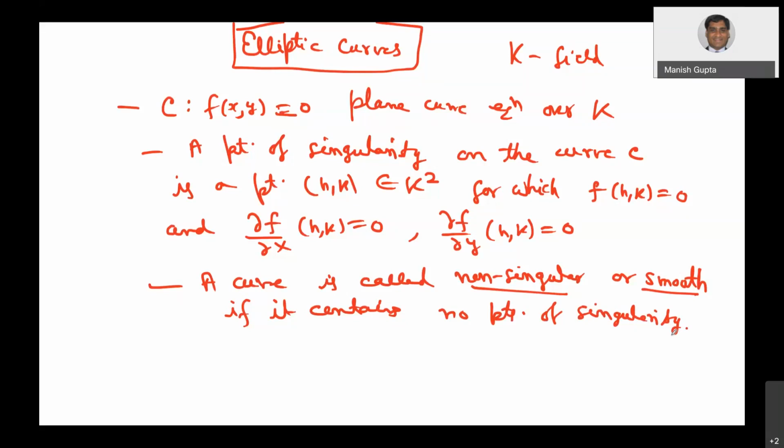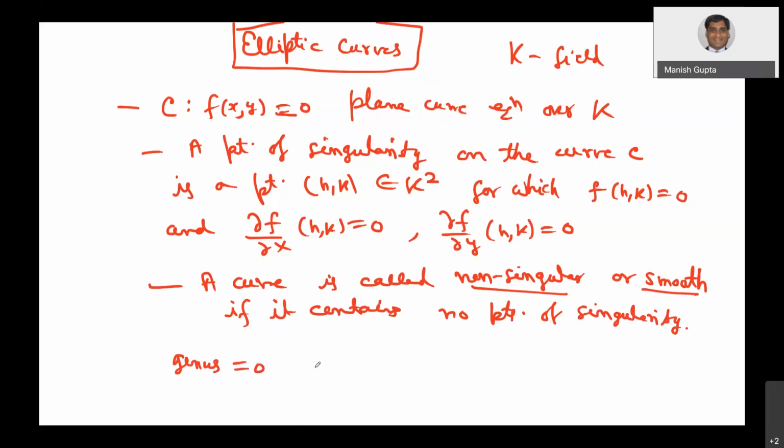So what is an elliptic curve actually? Basically, all these curves that you come across, like parabola, ellipse, hyperbola, or any plane curve that you look at, these curves are known as curves with genus 0. Genus is a measure of the smoothness of these curves, and it turns out that all these curves which have genus 0 can be parametrized.